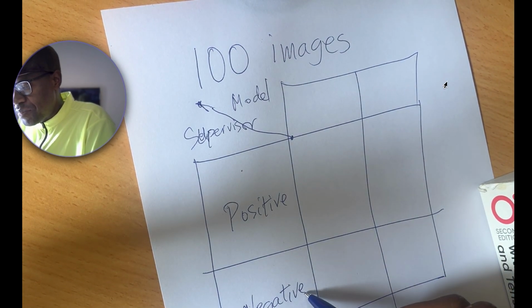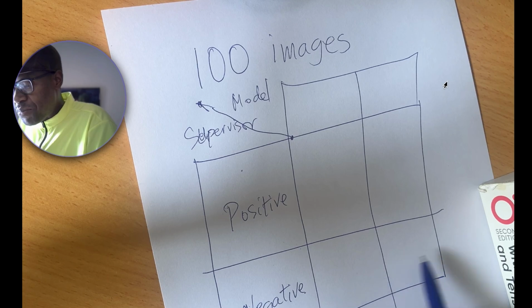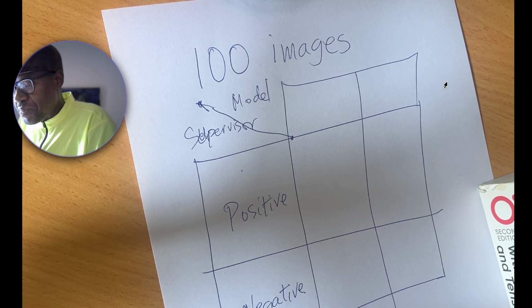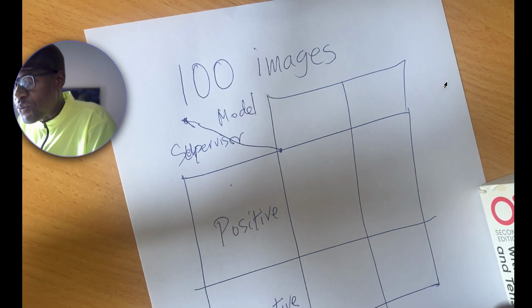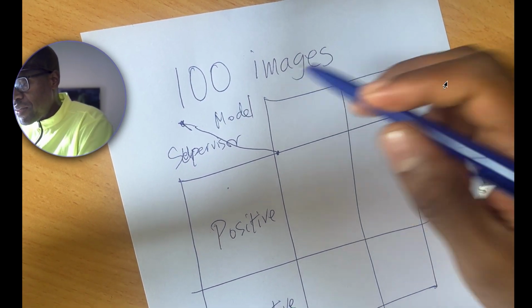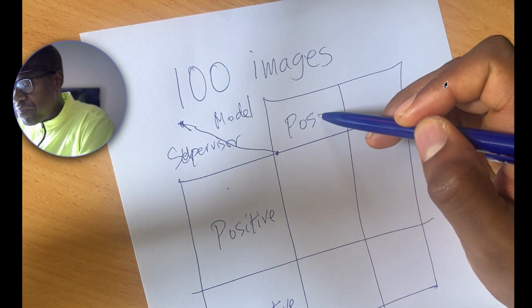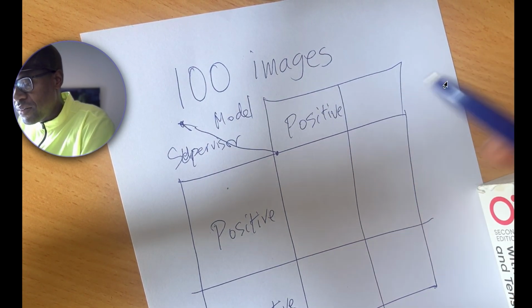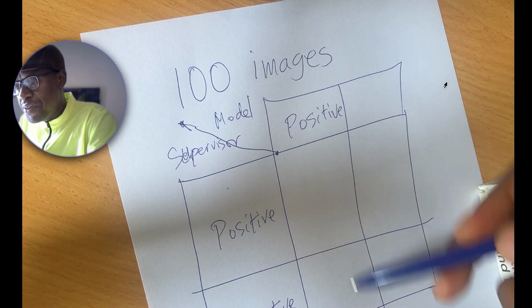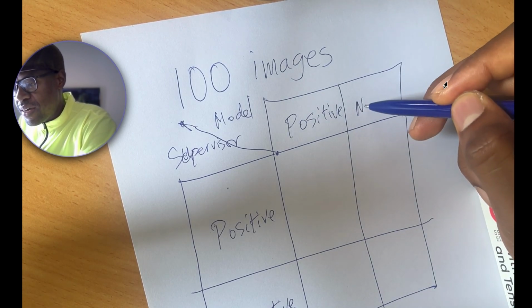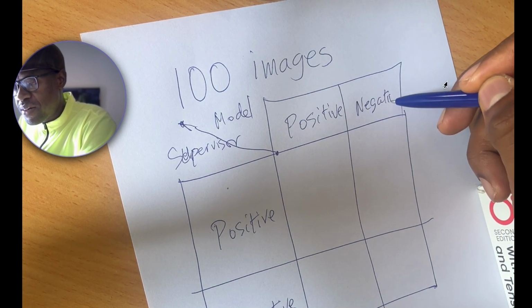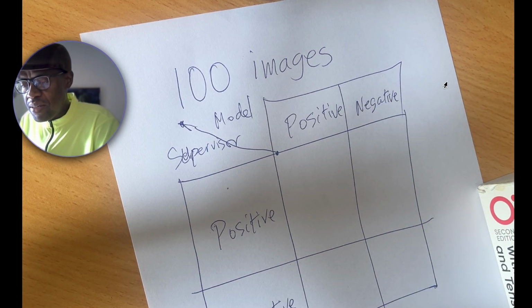In our case, these are invisible number plates, or the images without number plates. So this is positive according to what the model sees, and this is negative according to the judgment of the model.